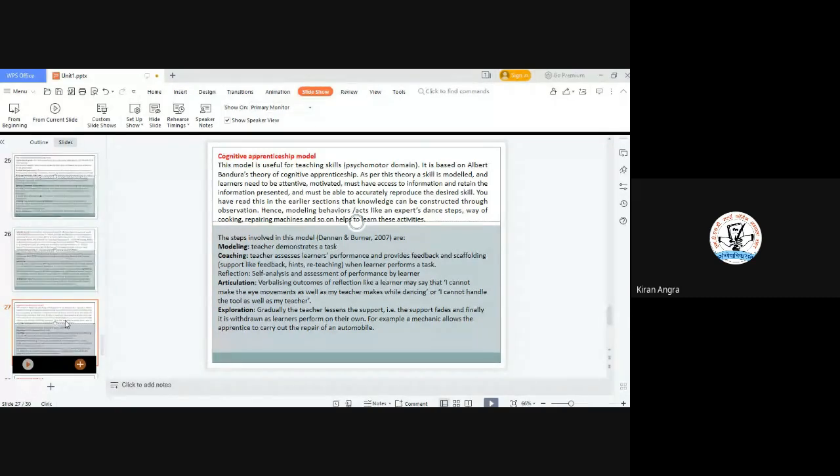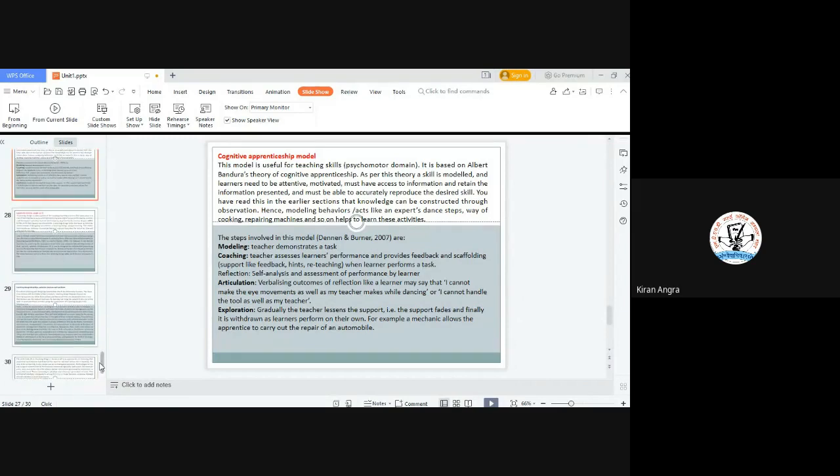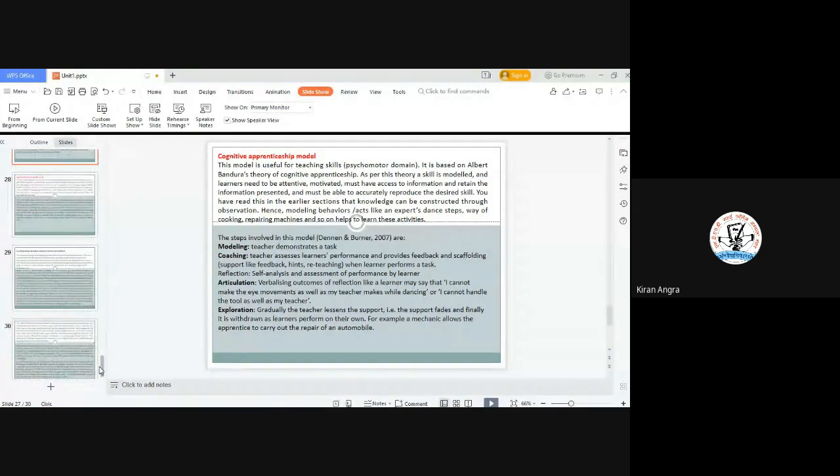As per this theory, a skill is modeled, and the learners need to be attentive and motivated, must have access to information and retain the information presented, and must be able to accurately reproduce the desired skill. As I told you, it is the psychomotor domain. It basically deals with skill.